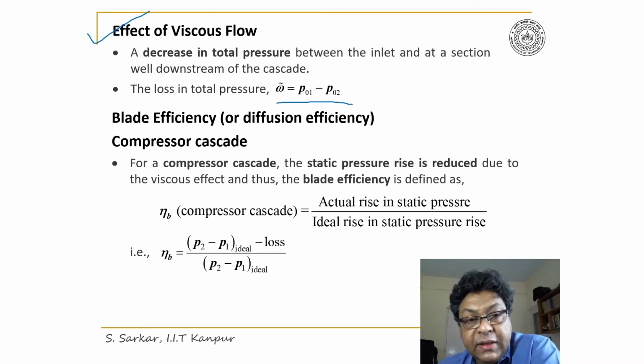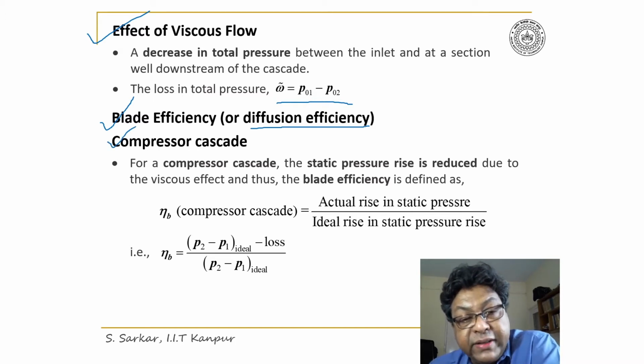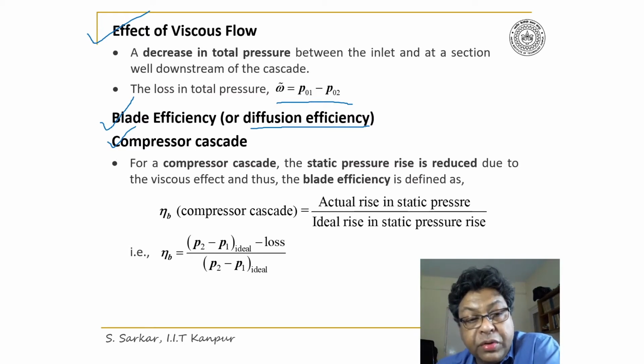After this, we can now define the blade efficiency or diffusion efficiency. Now let's begin with a compressor cascade. For a compressor cascade, the static pressure rise is reduced due to viscous effect.